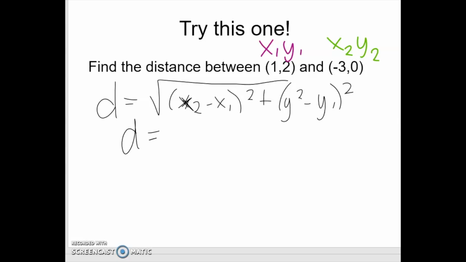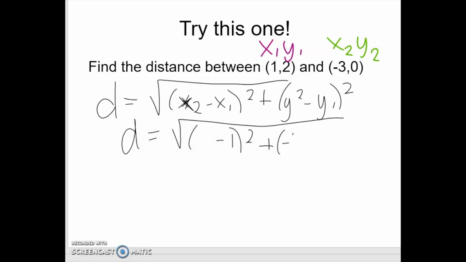So distance equals the square root, and my x2 is 0, minus my x1 is 1 squared, plus my y2... oh, I messed that up, didn't I? Okay, let's go back and fix that. We can see I made a little mistake.